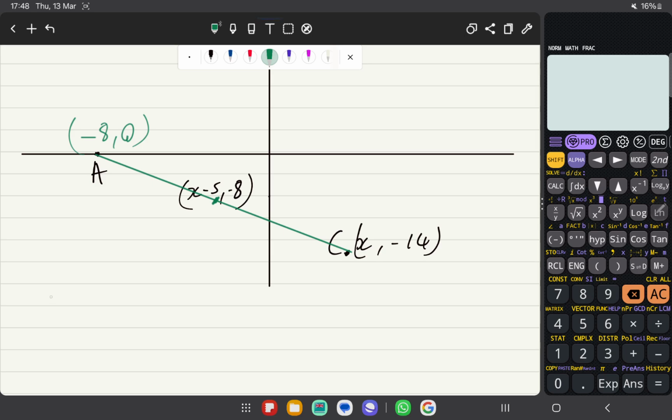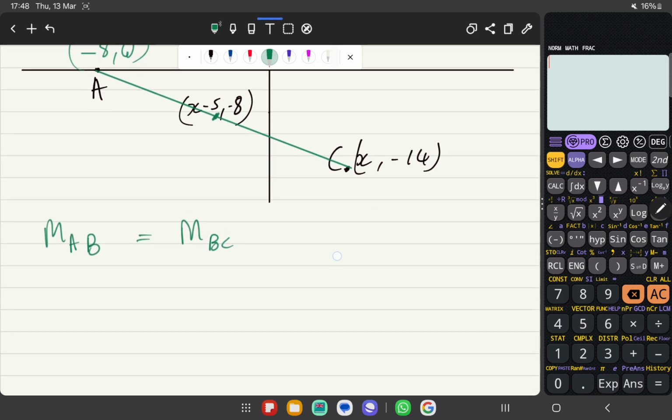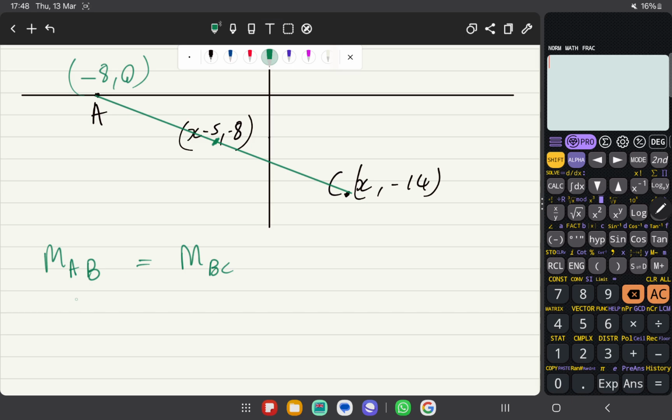My thinking with this question is that the gradient of AB must be the same as the gradient of BC. So I'm going to do that for AB: change in y over change in x.